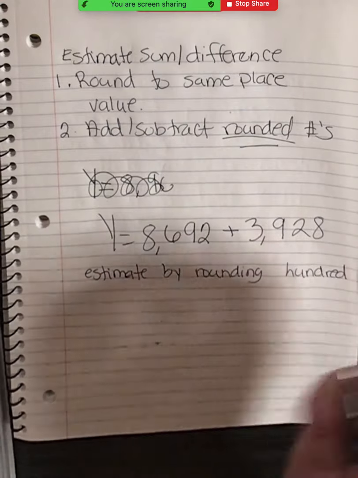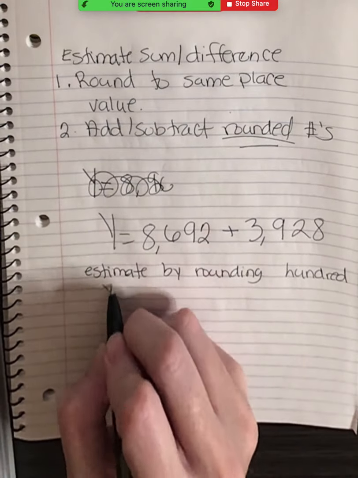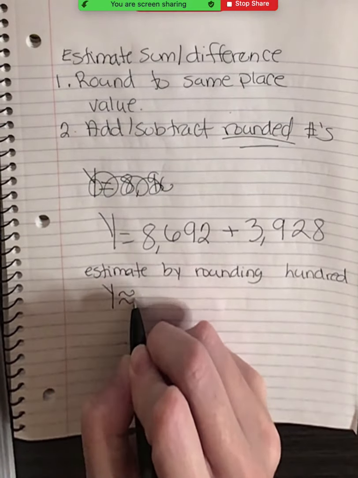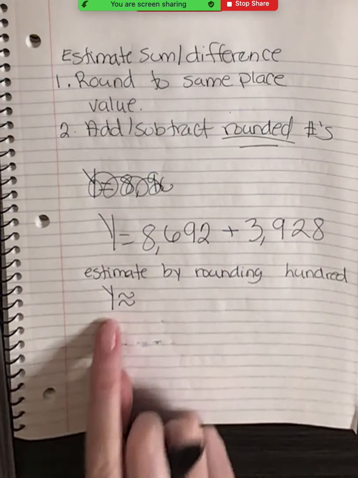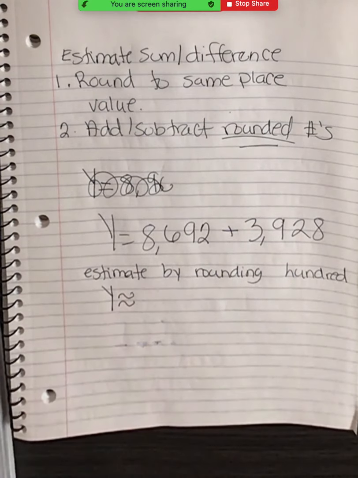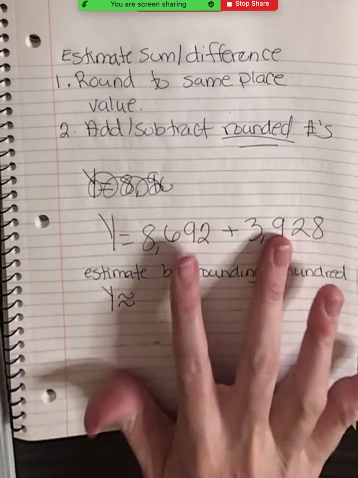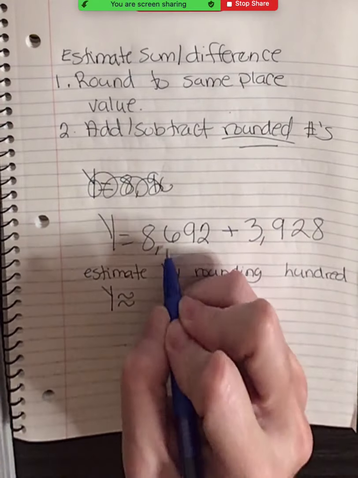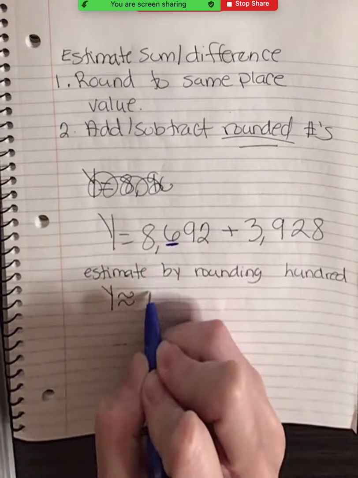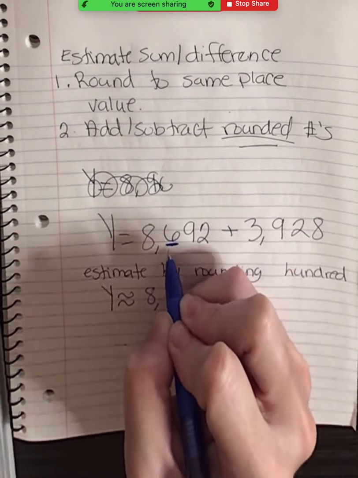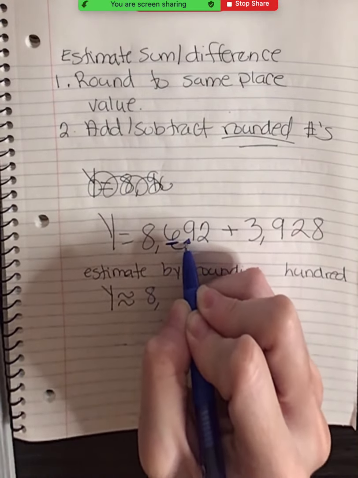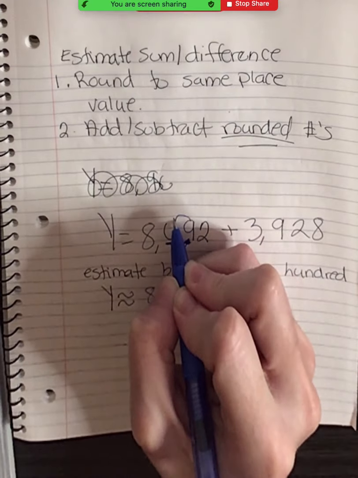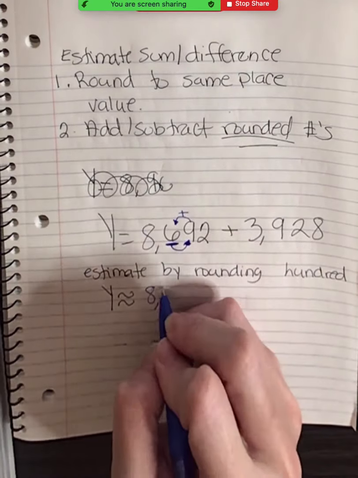So estimating, we're going to take our equal sign and make it squiggly equals. That means about. Then we're going to round each of these two numbers to the nearest hundred. So the 6 is in the hundreds place. We get 8,000. Look to the right, it's a 9. So the 6 gets increased by 1. So we get 8,700.